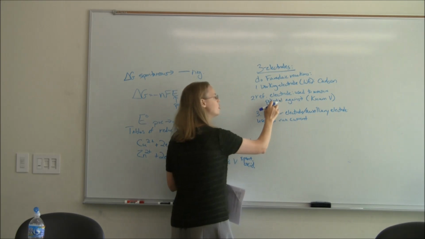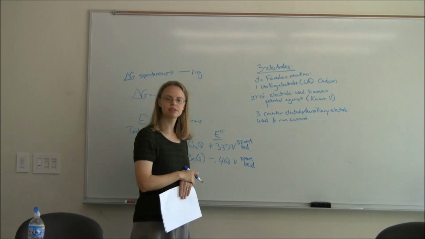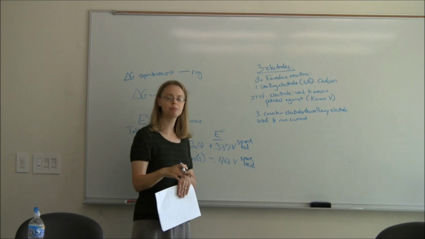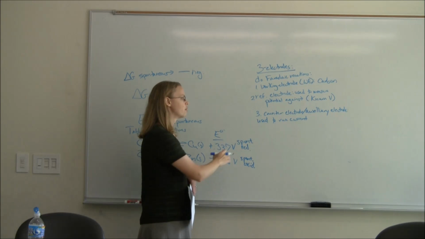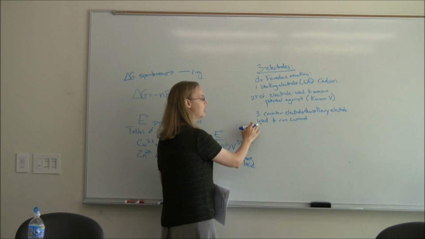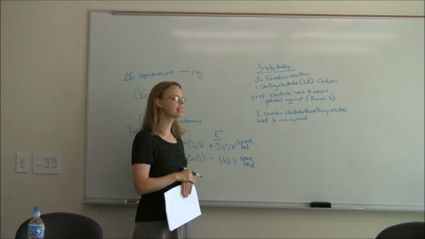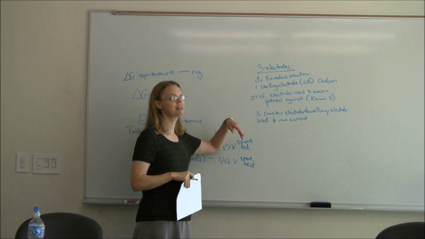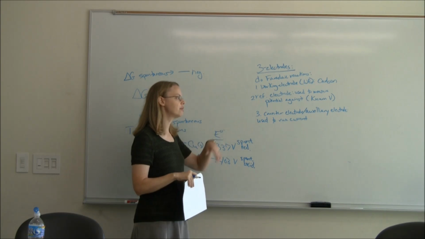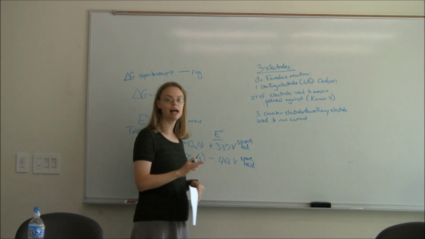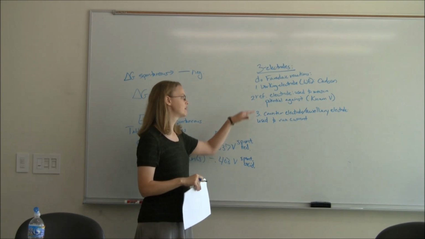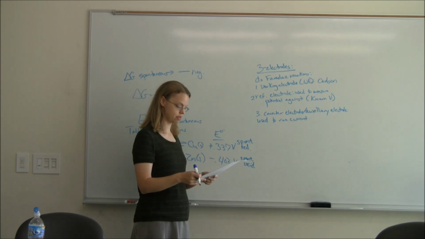So it turns out we want the potential of our reference electrode to stay the same. No matter what I apply, I want it to stay the same. But I need to run current through my system. And I don't want to run a lot of current through my reference electrode or else it might change the potential. So we have a counter electrode, which is going to allow us to run lots of current without having to run very much through this reference electrode.